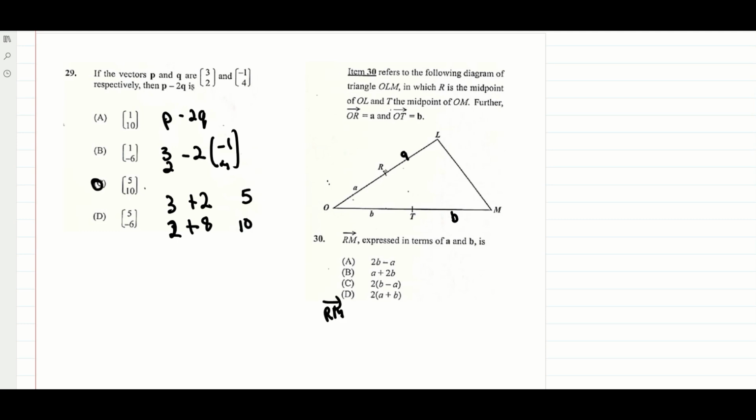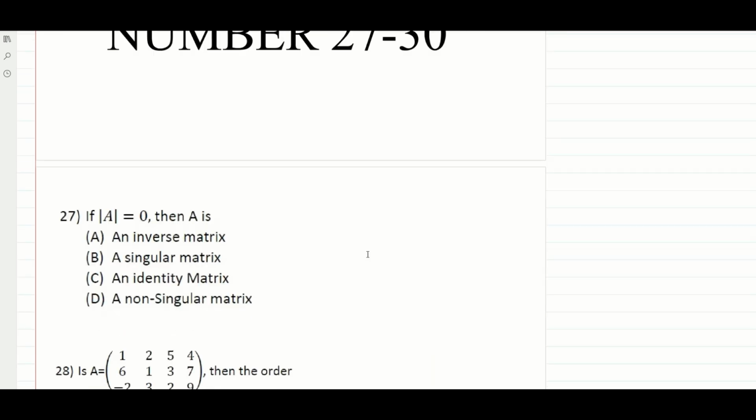So RM would be equal to RO plus OM. What is RO? We know that OR is A, so RO would be negative A. It's the opposite direction. Plus OM, that would be B plus B, which is 2B. So you're looking for positive 2B and minus A. So that is how you would do this question, right?